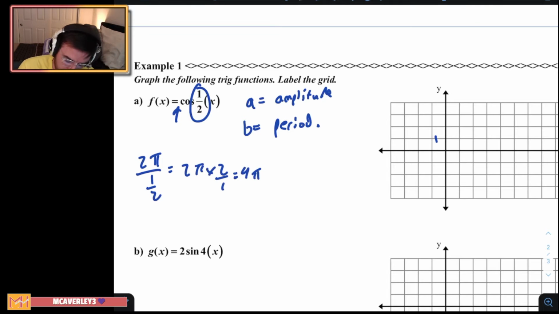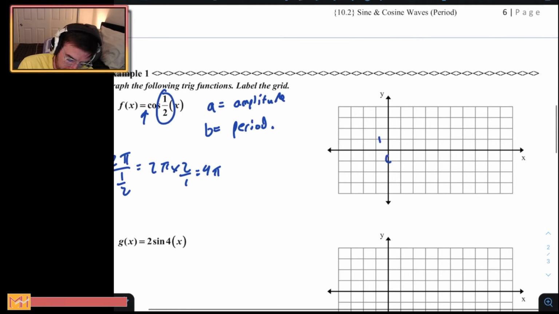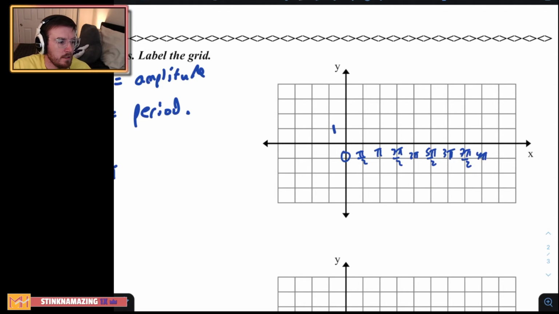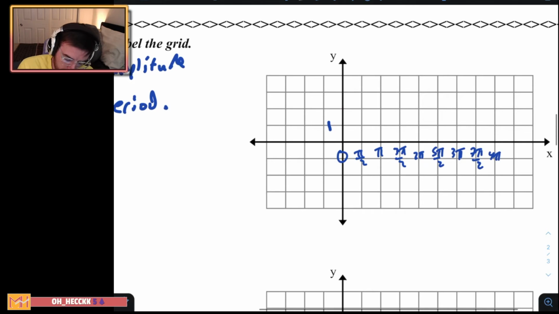4 pi, okay? So here's 0, pi over 2, pi, 3 pi over 2, 2 pi, where before, actually I didn't space that. Let me pause real quick. Okay, I just wanted to quickly write down those values, where before it was going 0 up to 1, then 0, then -1, then here, right?